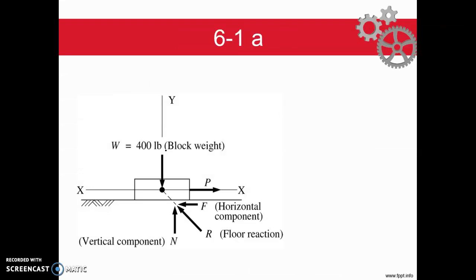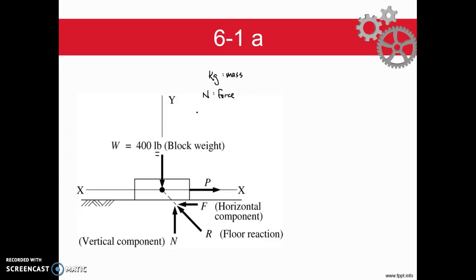So the weight is 400 pounds. If we're dealing in English units and we're given a weight in pounds, then we don't do anything to it. We just use that weight. If we were doing a metric problem where we were given kilograms, kilograms is a unit of mass. It's not a unit of force. In the metric system, the unit of force is the Newton. The Newton is a unit of force, and we want to deal with forces.